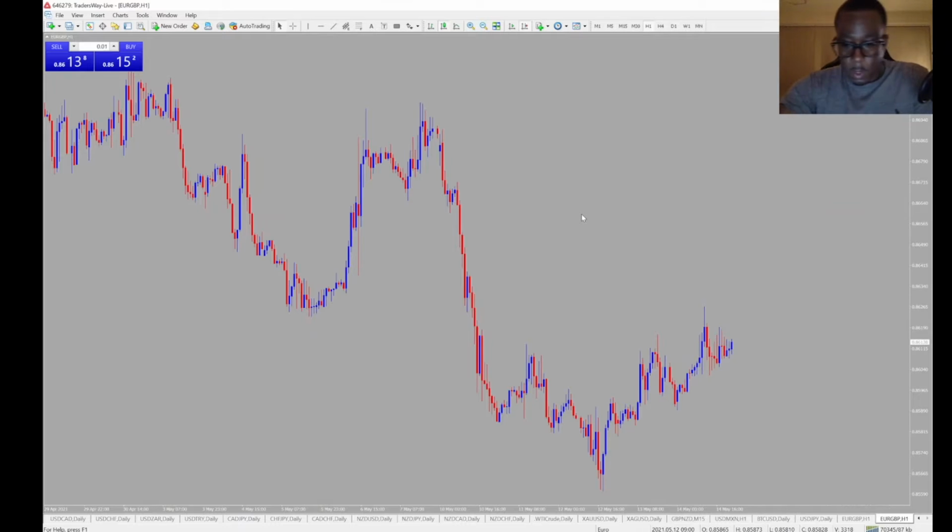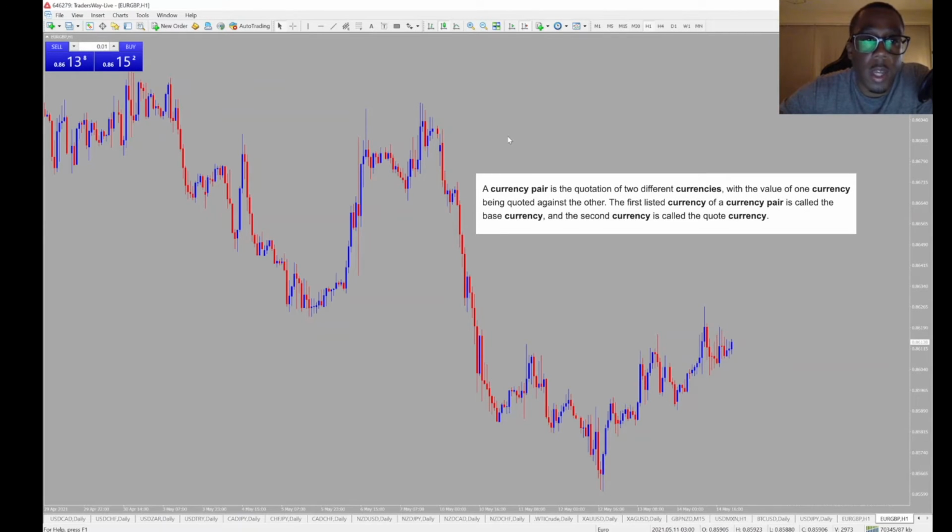So now, where are pips used? Pips are used against the currency pairs. Now, a currency pair is simply, the one we're on today is the Euro GBP, which is the Euro versus the British pound.